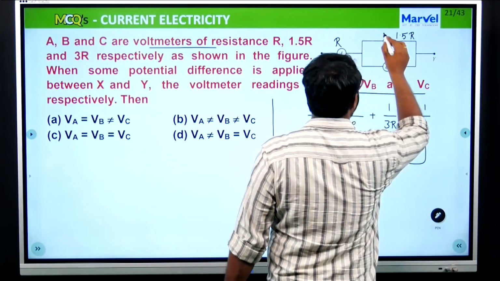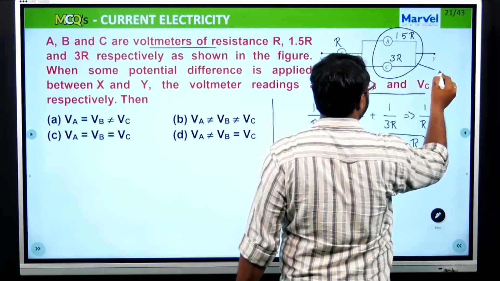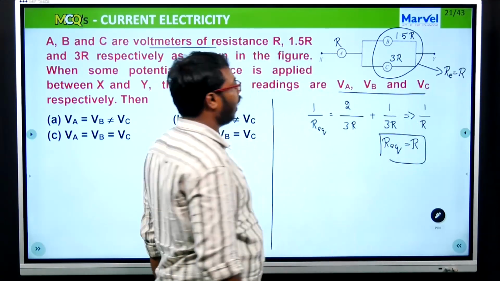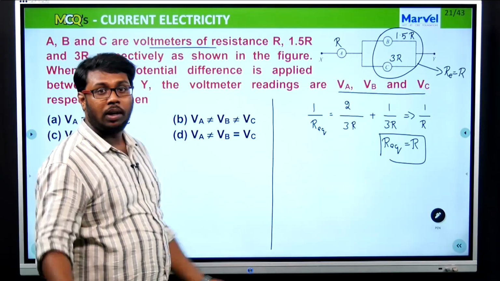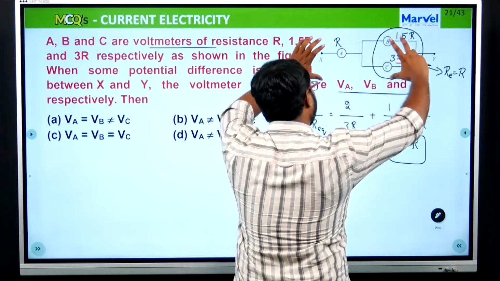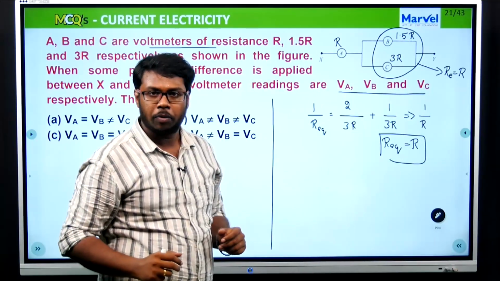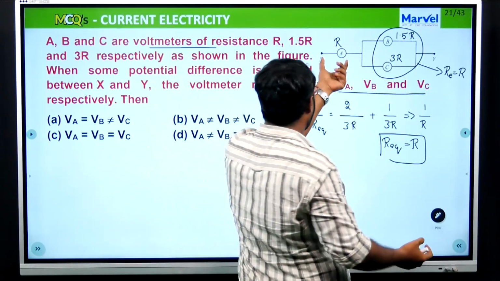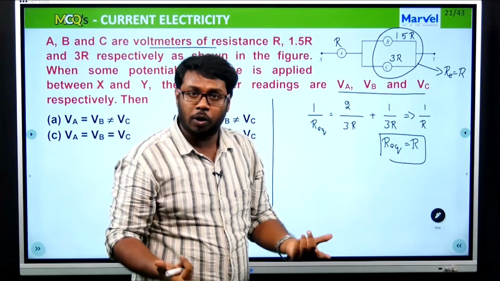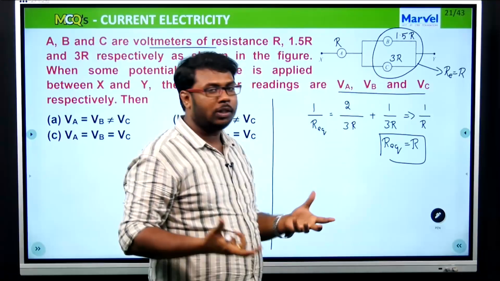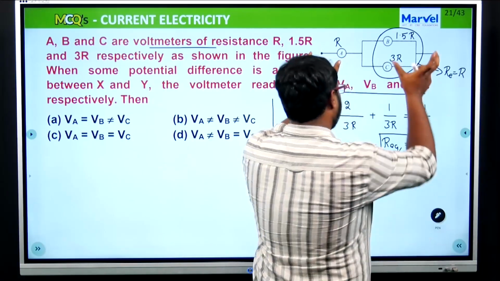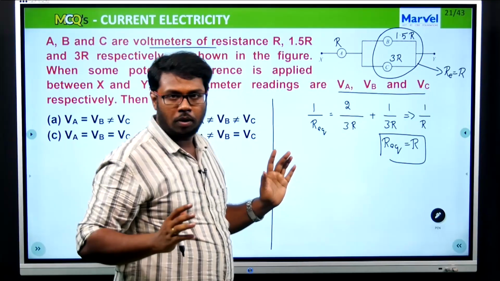So for this parallel combination, the equivalent resistance is R, which is equal to A. Now listen very carefully. This resistance and this overall resistance are connected in series, so the potential drop on them could be different. But fortunately, both resistances are of the same value, so the potential drop on this and this will be the same.